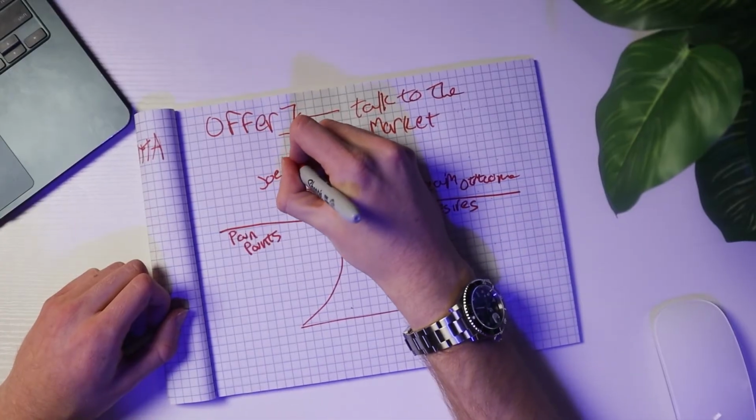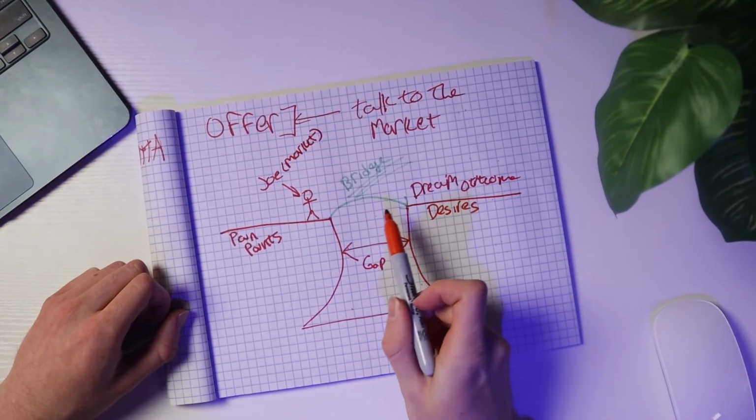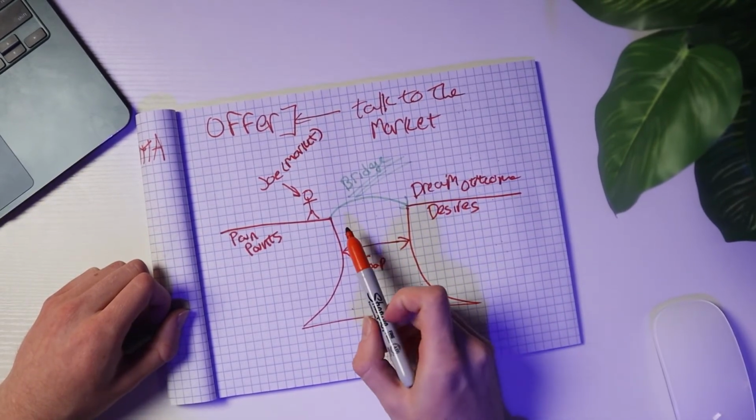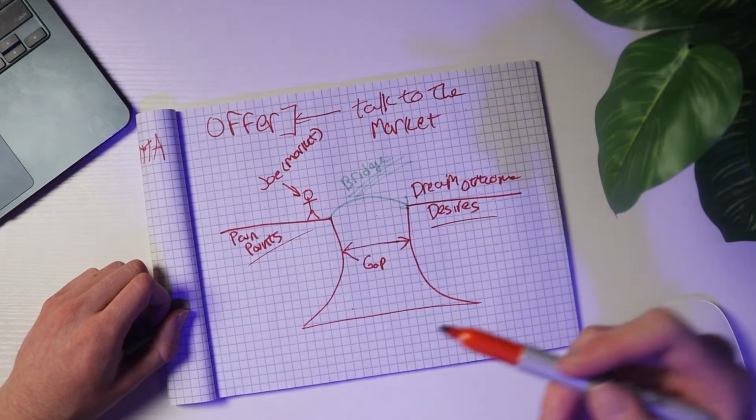But if you come to Joe and you say, hey, I'll run your paid ads for you and help you out, just as an example, and that's what the market wants, Joe represents the market. If you give the market what they want, they will buy. Because if they believe that it will take them from their pain to their desire, they will buy the product. You need to be building your offers around the market, not building the offers around what you want. And this is where I go into my moat framework.